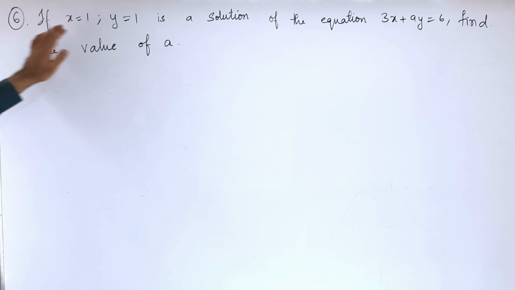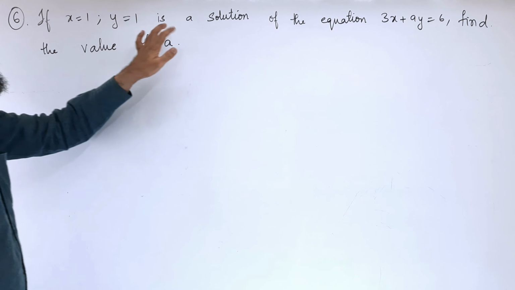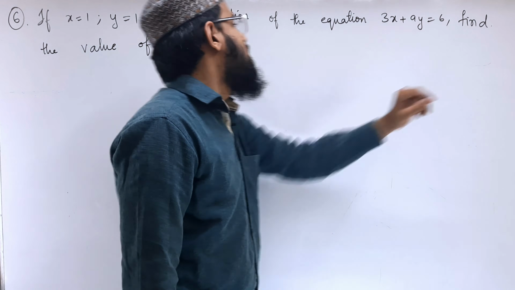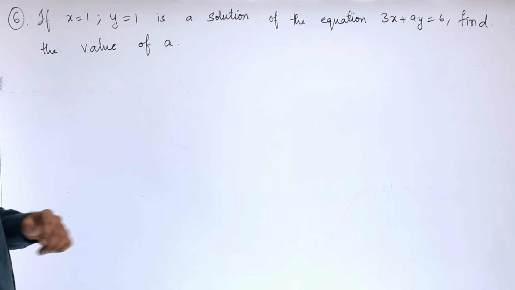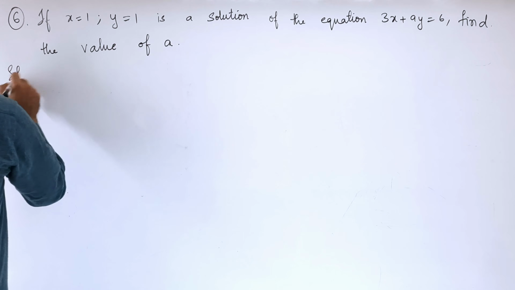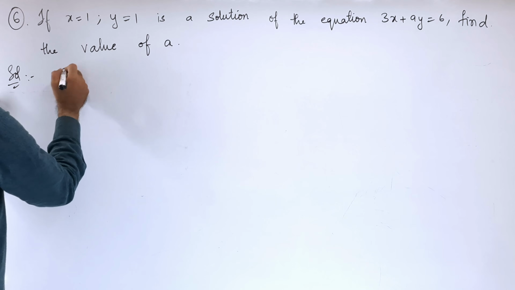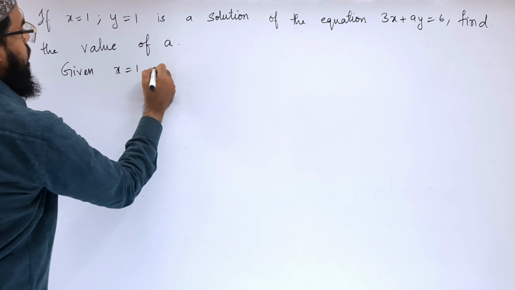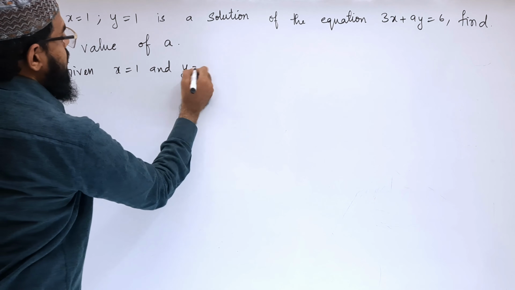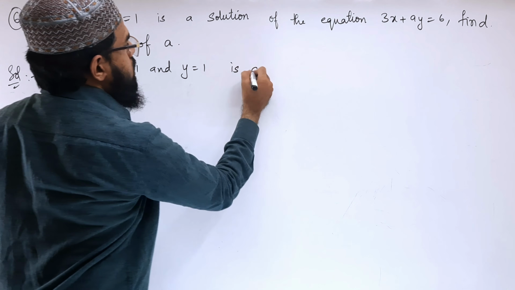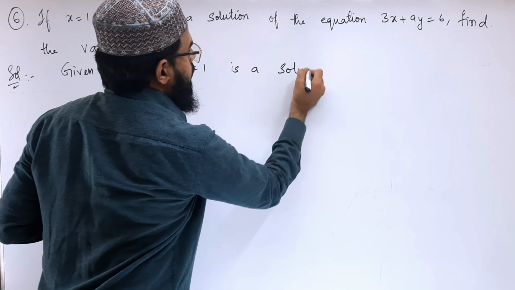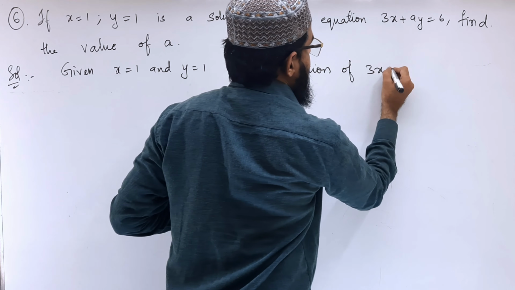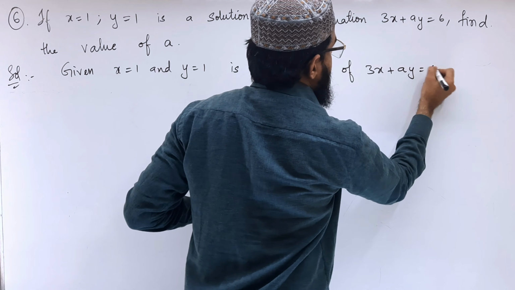Sixth problem: if x is equals to 1, y is equals to 1 is a solution of the equation 3x plus ay is equals to 6, find the value of a. So in solution, it is clearly said that given x is equals to 1 and y is equals to 1 is a solution of 3x plus ay is equals to 6.